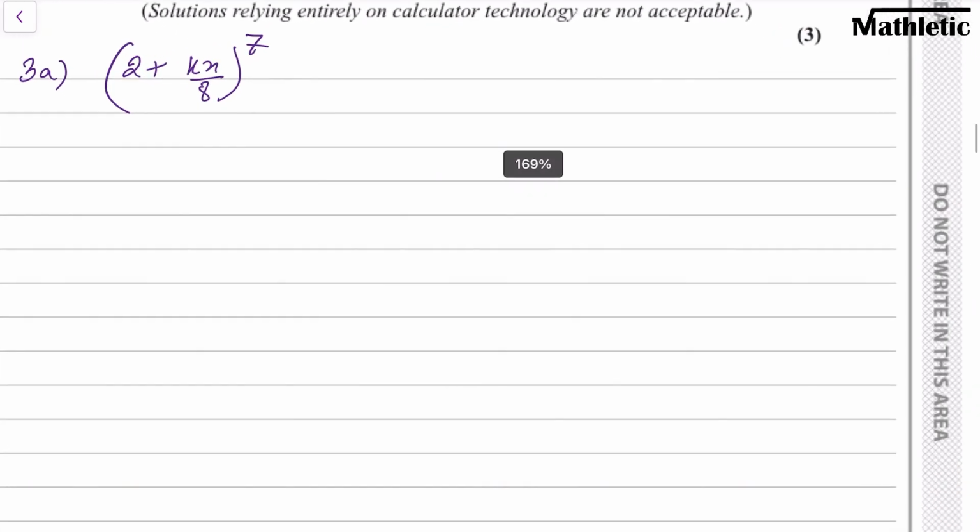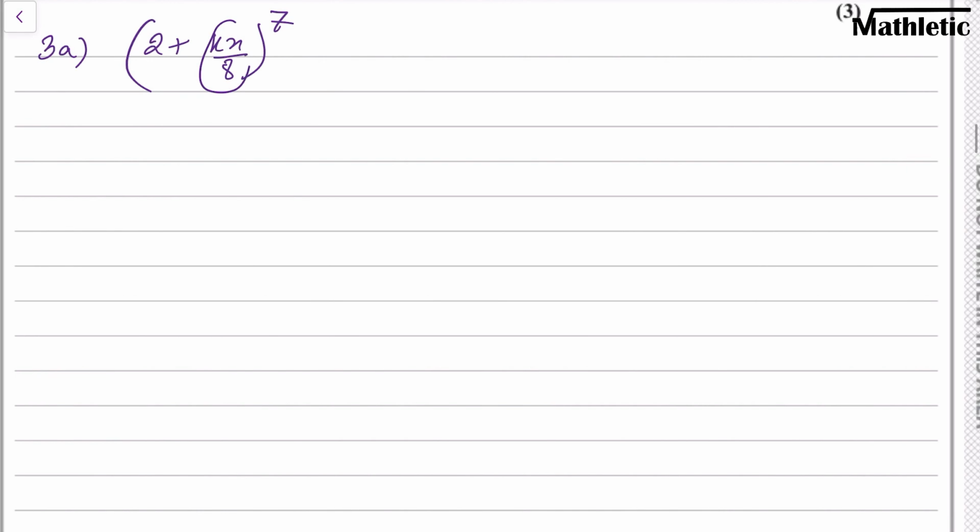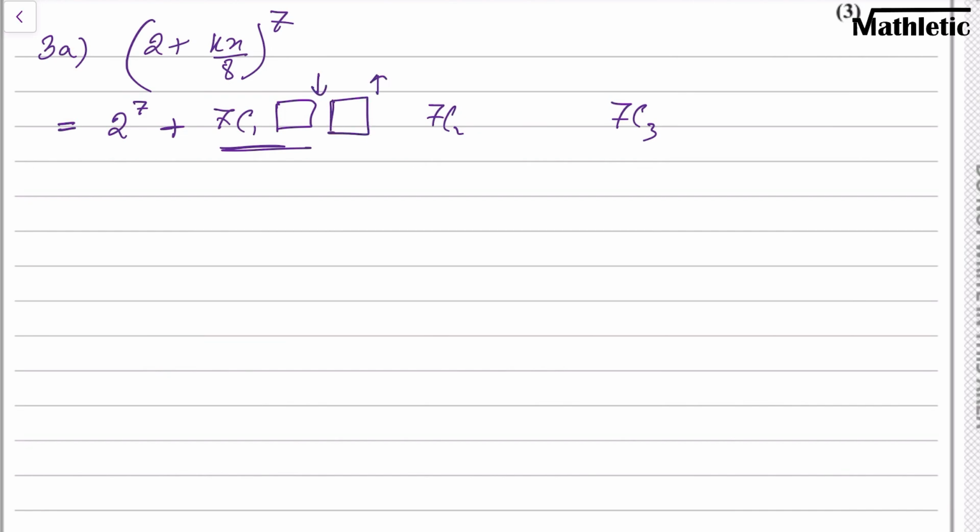Okay, so the first term is 2 and the second term is this entire thing. So the rule is that the first term is 2 to the power 7, as in first term to the power 7. Next, we will just use the pattern 7c1, 7c2, 7c3, and with each of these terms, the power of the first term decreases and the power of the second term increases.